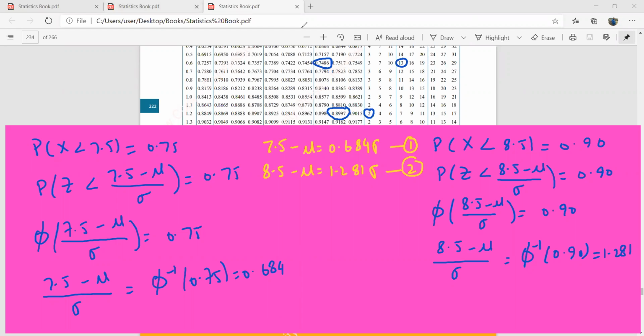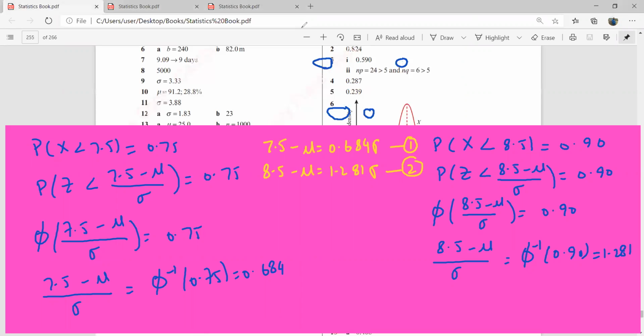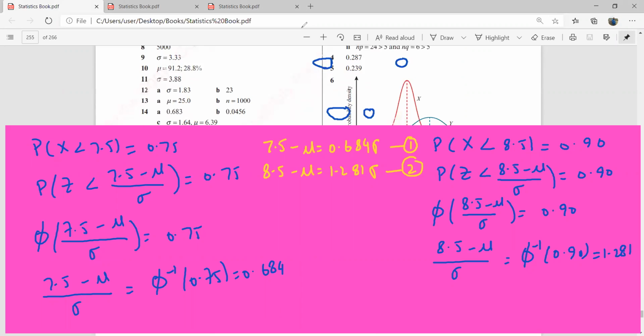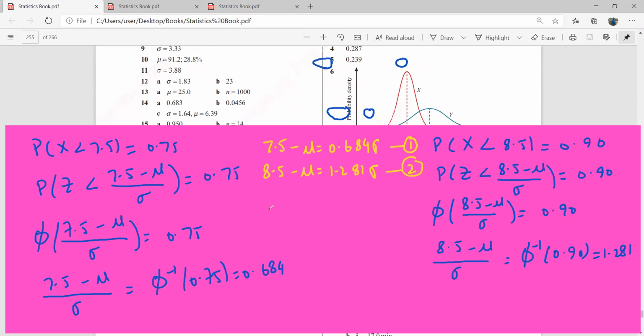After you have solved them simultaneously, your sigma should be 1.64 and your mu should be 6.39. These are the answers you will most probably get if there is no silly mistake made. Okay, that is it from this session.